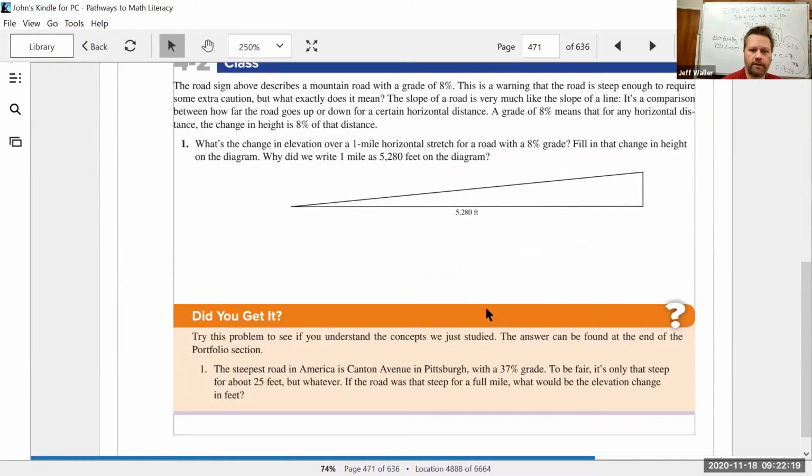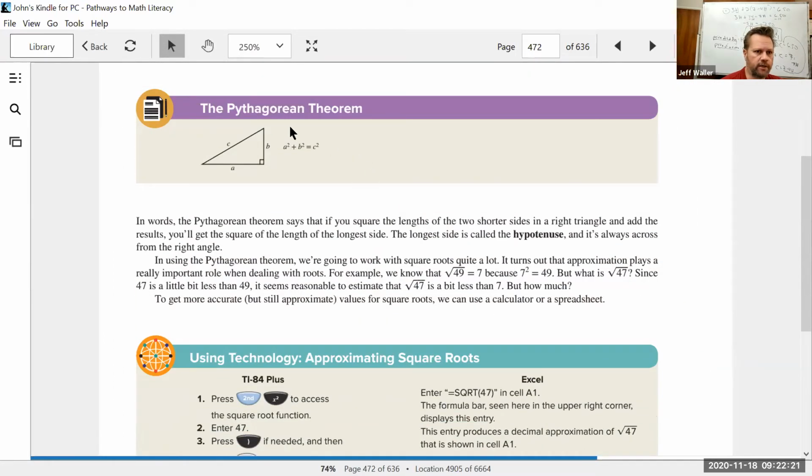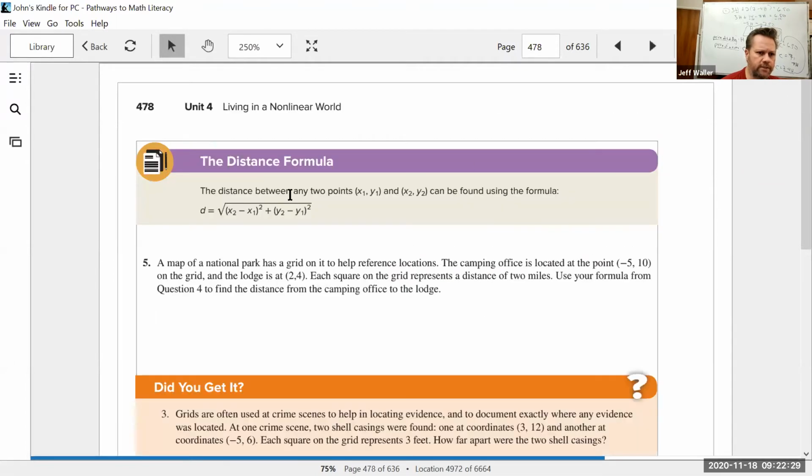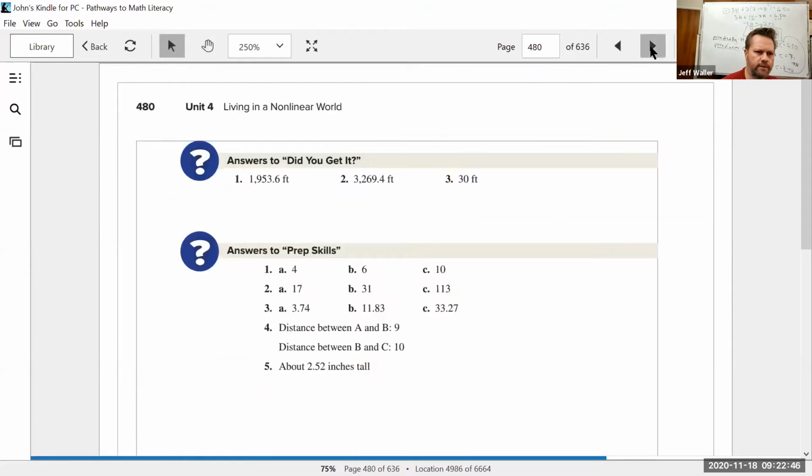So there's the good old Pythagorean theorem, which most of you know. And then the distance formula looks different, but it's actually just a direct application of the Pythagorean theorem. Do you have to remember this? Yes.